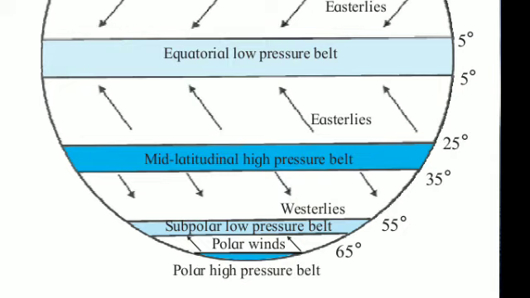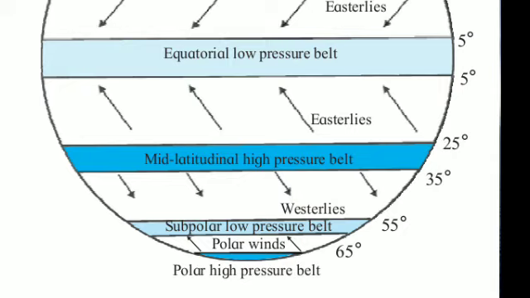Look at this diagram again. Can you see the upper part in the north, a very small part over there, the polar region? Down in the south also a small region is there, the polar region. So here the temperature is below 0 degrees.